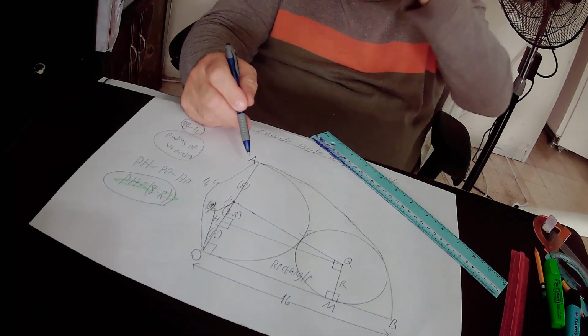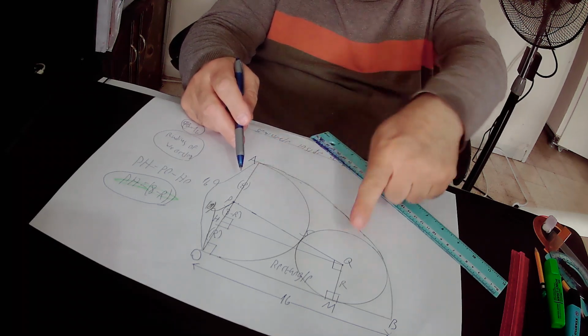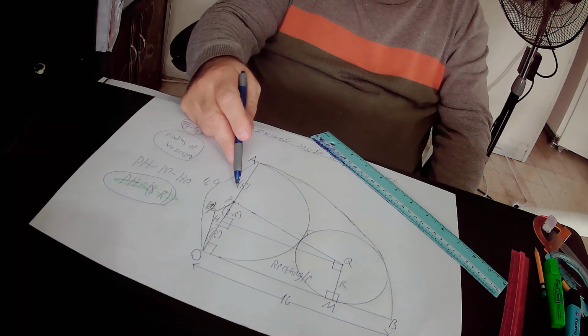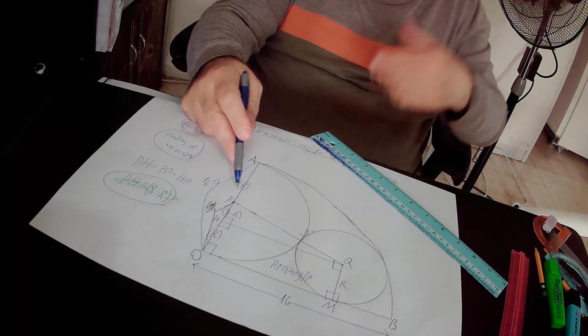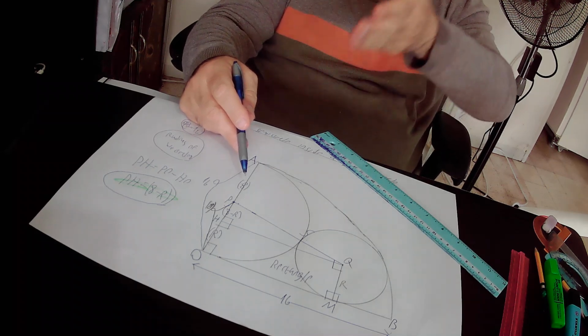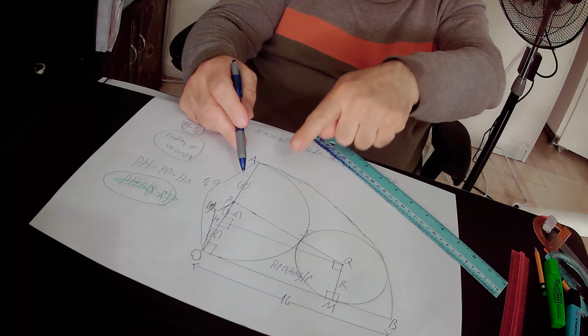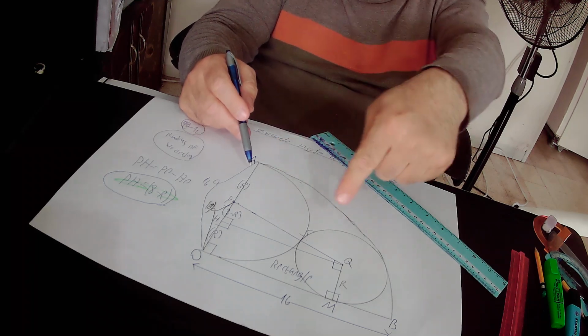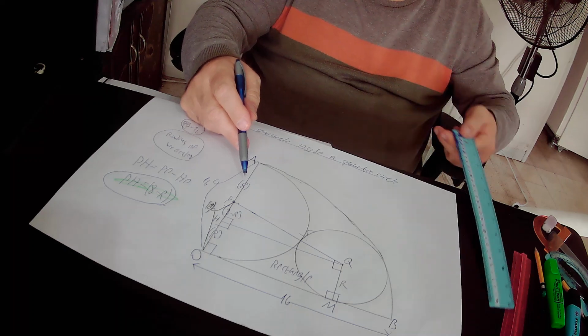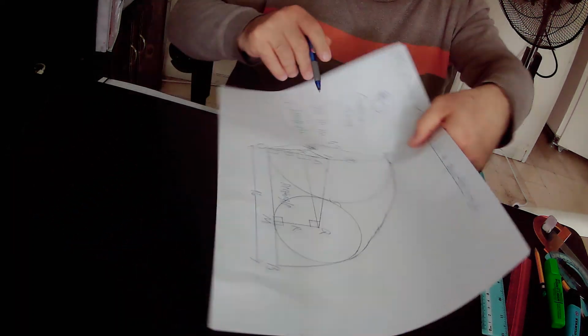But what is the definition of line segment PS? Line segment PS starts from point P, that is the center of the semicircle, and ends at point S, that is a point of the semicircle itself. So this is exactly the definition of a radius. Therefore, PS is the radius of this semicircle, that is equal to 8 units in length, according to what we have already found out. So PS equals 8.